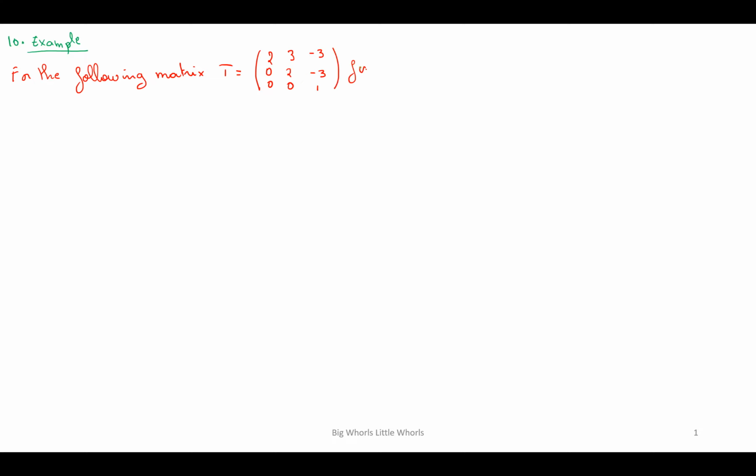Okay, find. Let me go to next. Okay, let me do this. Let me split the page into two.